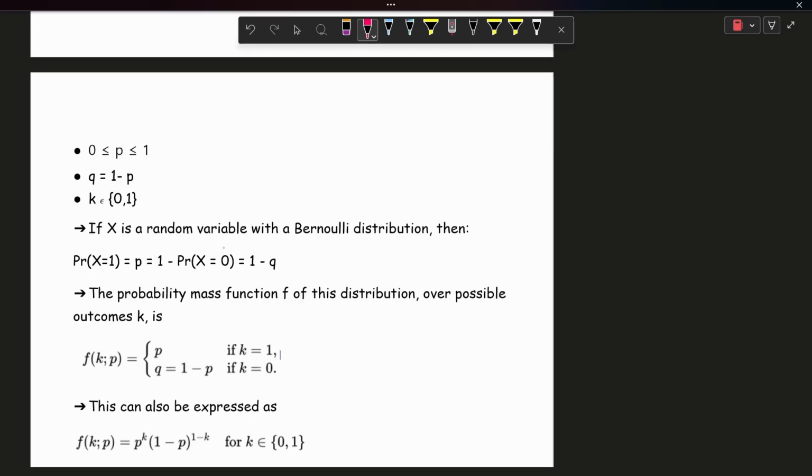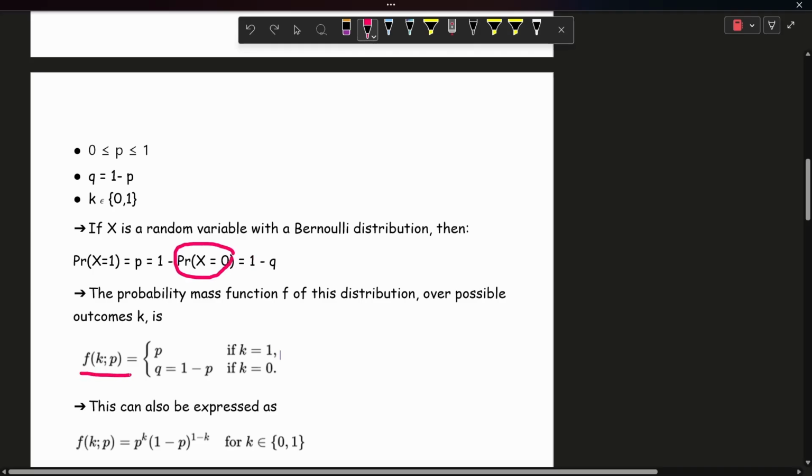If x is a random variable with Bernoulli distribution, then the probability of x equal to 1, a success, equals p, and the probability of x equal to 0, a failure, equals 1 minus p, that is q.